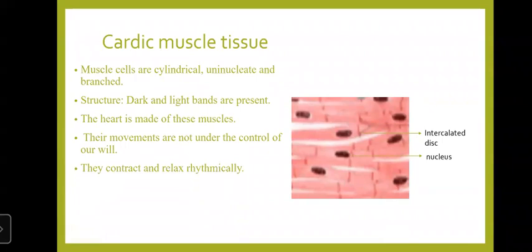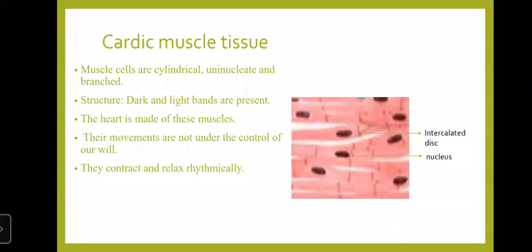Cardiac muscles show rhythmic relaxation and contraction. They contract and relax very rhythmically. So you can feel your heartbeat. Just touch your chest and feel your heartbeat. You can feel the rhythmicity of your heart, that is lub and dub.